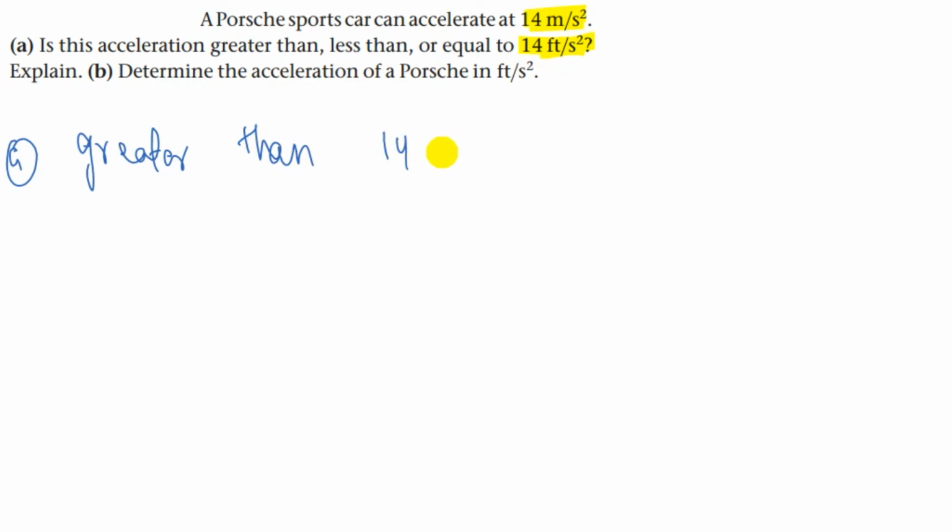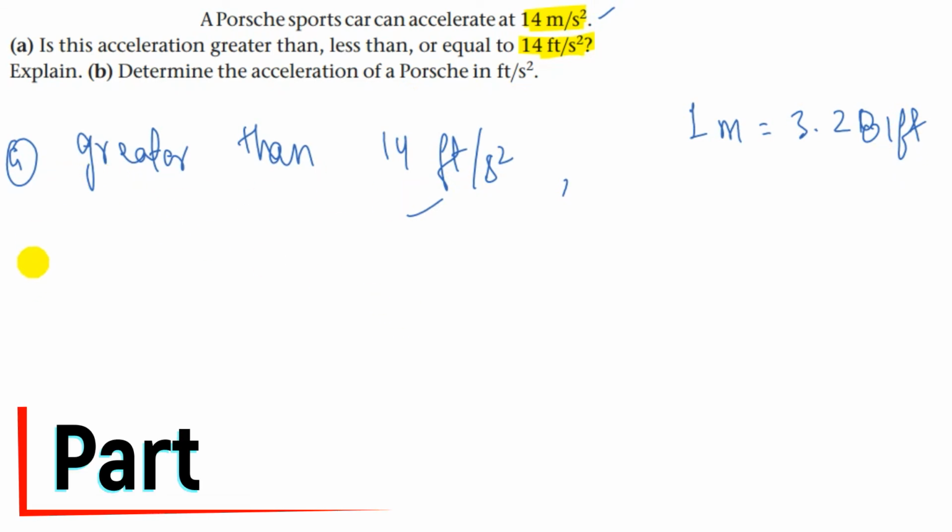The reason is that 1 meter is about 3.281 feet. So if you multiply this number with it, it should be greater than this number. So it will be greater.